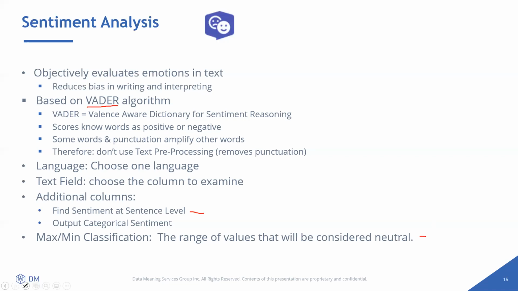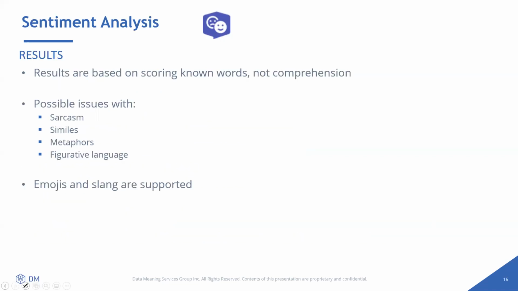All right, and then we're going to go just a little bit more here. Some of the things you have to make sure that you do some data checking on is, since this is machine algorithm based, it's going to have some problems with things like sarcasm. If somebody said sarcastically, this training is great, and they didn't really mean that, it's going to be hard for sentiment analysis to understand that was actually a negative sentiment.